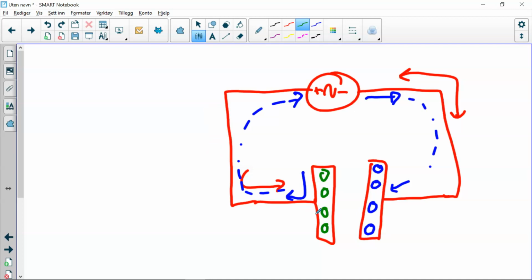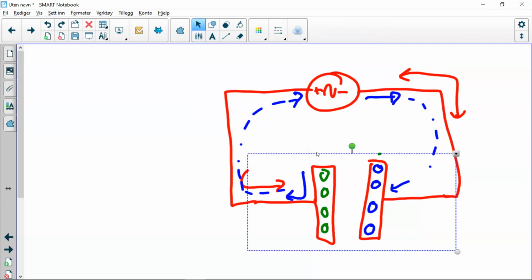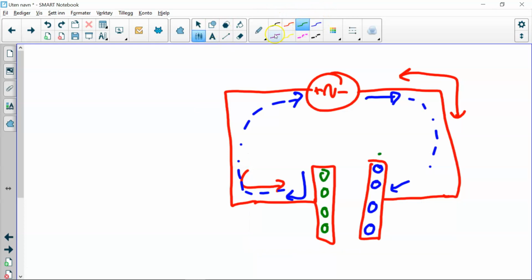So you have an overrepresentation of electrons here and a lack of electrons on the other side. If I represent that with symbols, I will have a negative charge on one side and a positive charge on the other. Negative because I have too many electrons, and positive here because I lack electrons.